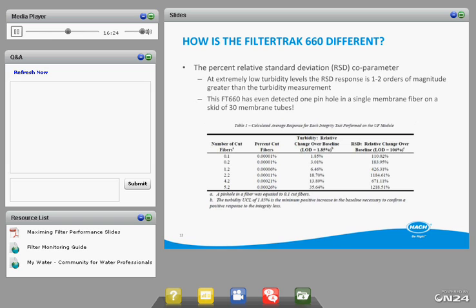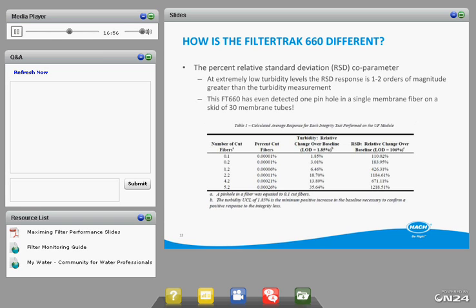On a skid of 30 membrane tubes, with each tube having 1,000 individual membranes, we have a total of 30,000 membranes being monitored by one FilterTrack 660. In this experiment, we essentially cut 6 tubes, and the instrument gave an over 1,000% response in terms of a change of its baseline. So the instrument went wild, and it was clear to see that the membranes had been compromised.